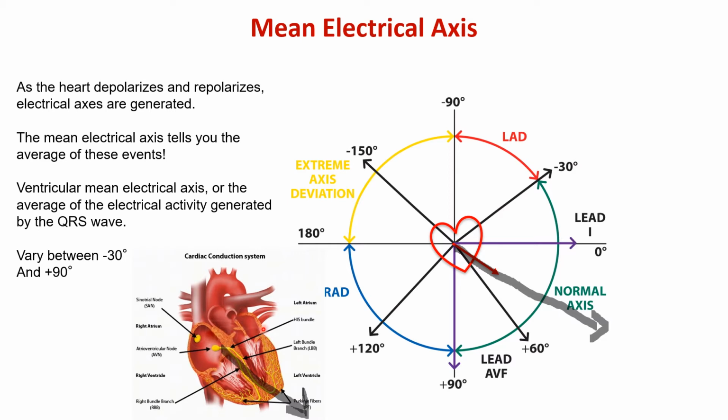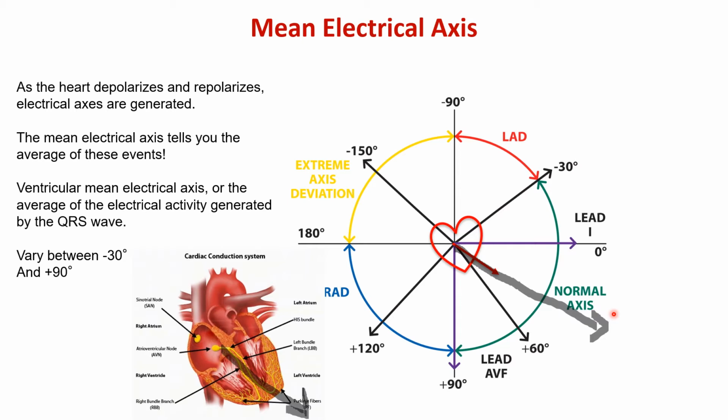So what we are trying to figure out is basically an average or a mean of all of these combined depolarizations and repolarizations that we are measuring within the heart. And that's what allows us to figure out the mean electrical axis of the heart. So at the end, the mean electrical axis is like an average of all of the electrical activity generated.